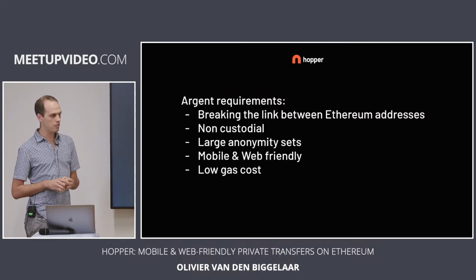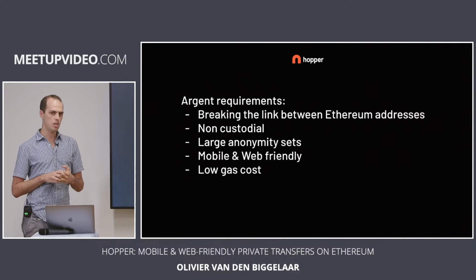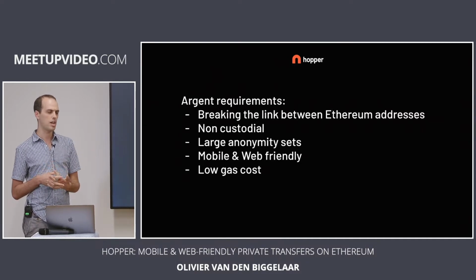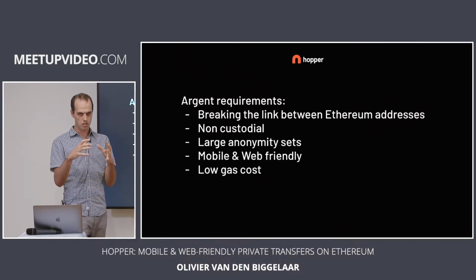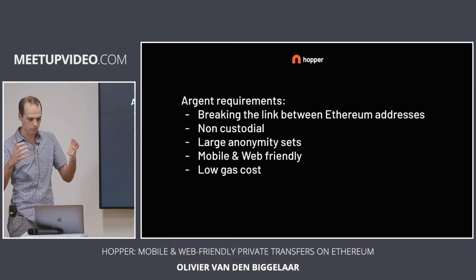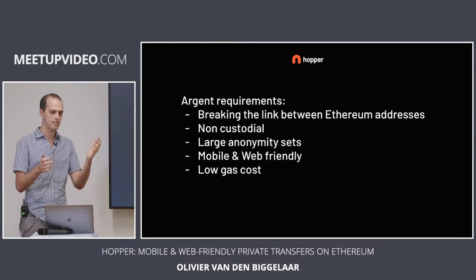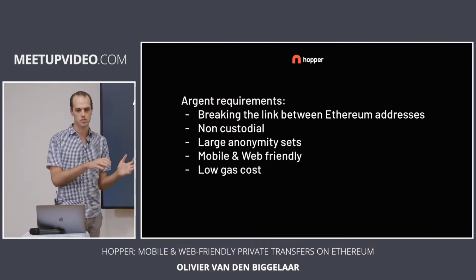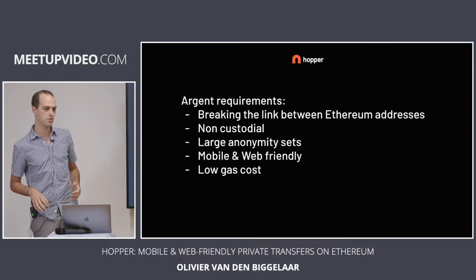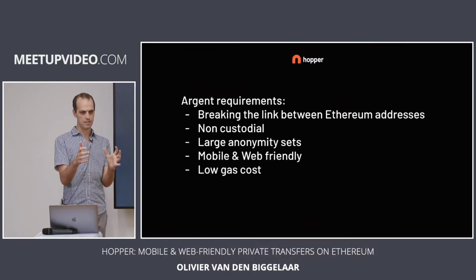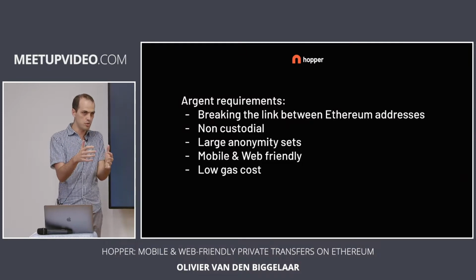We looked at different solutions out there, such as most recently HiSwap, but I believe also Sherlock, that typically work on a batch of users. You have to collect a certain number of users, let's say 10 users, and then when you have these 10 users, you can, in one go, perform private transfers for all these users. But that means that the anonymity set is bound to the number of users you have in a batch.